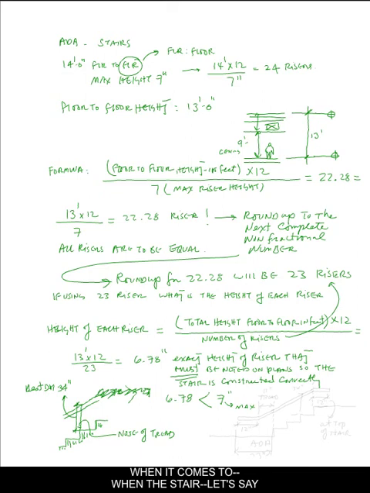Here's the floor below, here's the floor above. Here is the handrail, and the handrail height is at 34 inch.